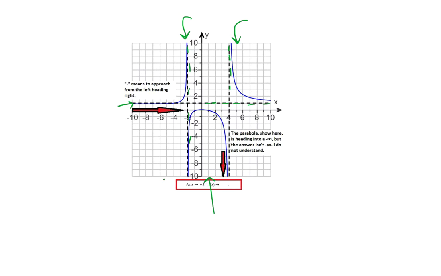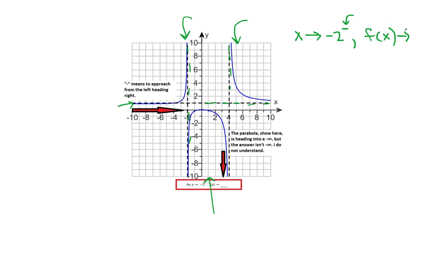So for this problem, we're told that as x approaches -2 from the left, this exponent here tells us that we're approaching it from the left, we want to find what f of x is doing, or where f of x approaches.